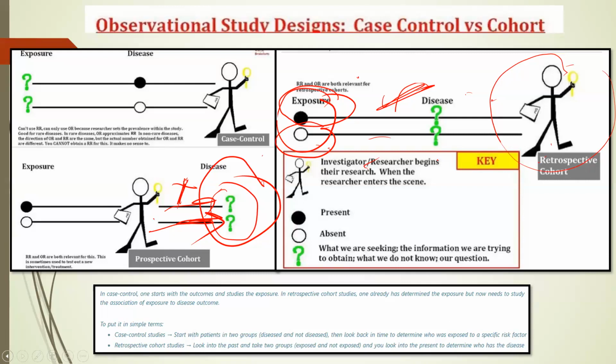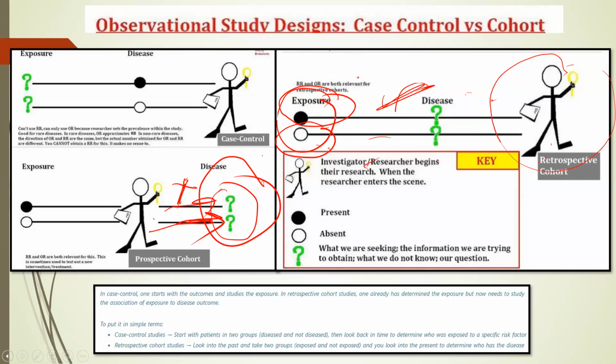Now, if it's a retrospective study and the investigator is going back into the records, you need to see whether the investigator is looking at the disease first or at the exposure first. If the investigator is looking at the exposure first, that is exposure to a risk factor or a treatment and its relationship with a disease, then it is a retrospective cohort.